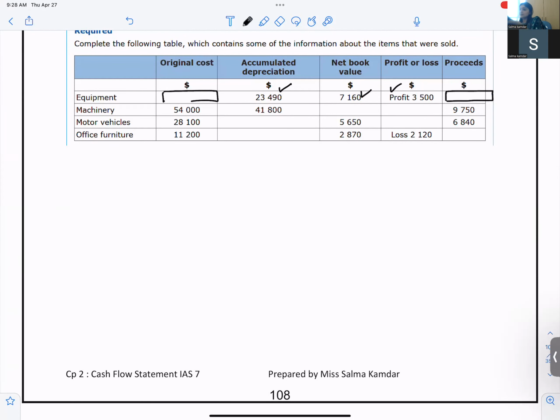Okay, so let's do this. I know for the equipment we will do. I know that the cost minus accumulated depreciation gives me the net book value. Do I know the cost of the equipment? I do not know.